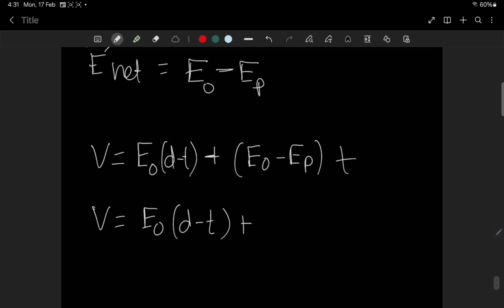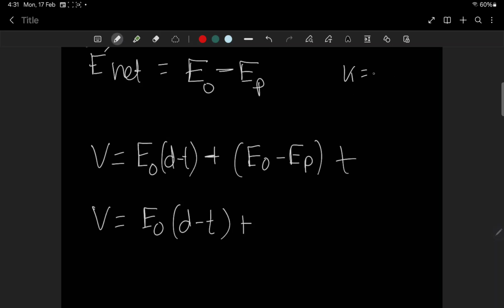Now I have told you before, K is equal to E air by E medium. Sorry, everything is going wrong, one second.